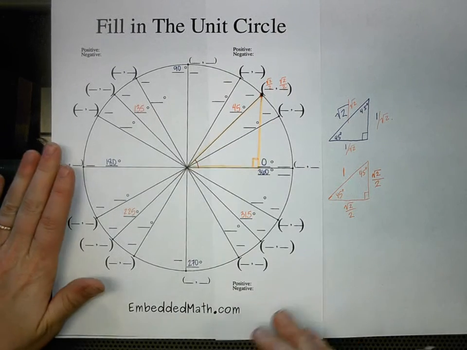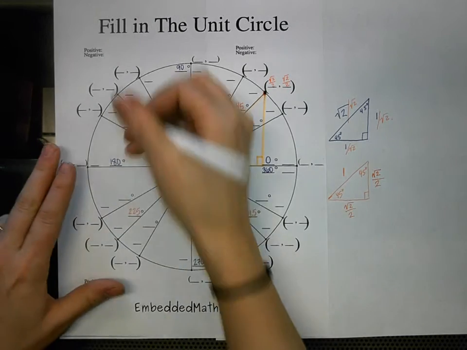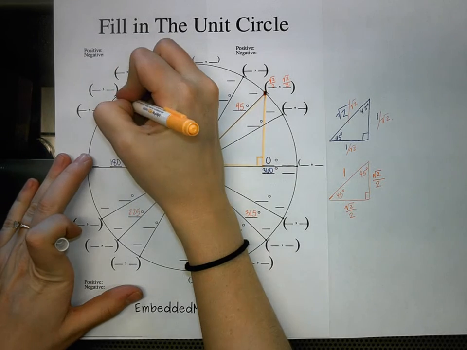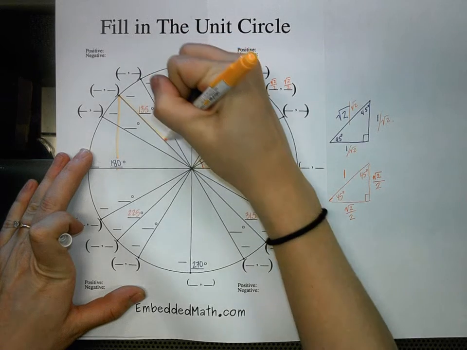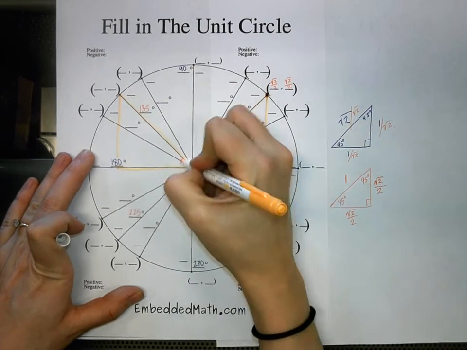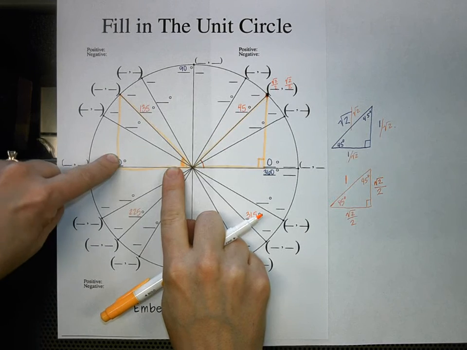So, in quadrant 2, this triangle right here has a reference angle of 45 degrees. So it takes 45 degrees to get to the x-axis.